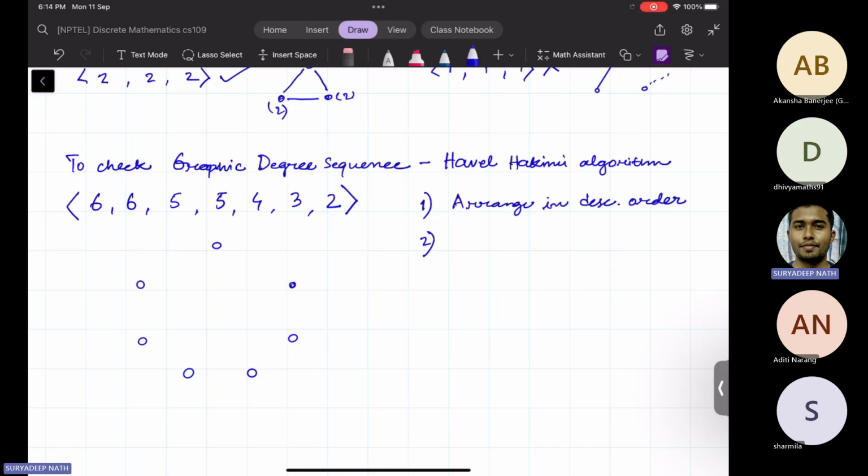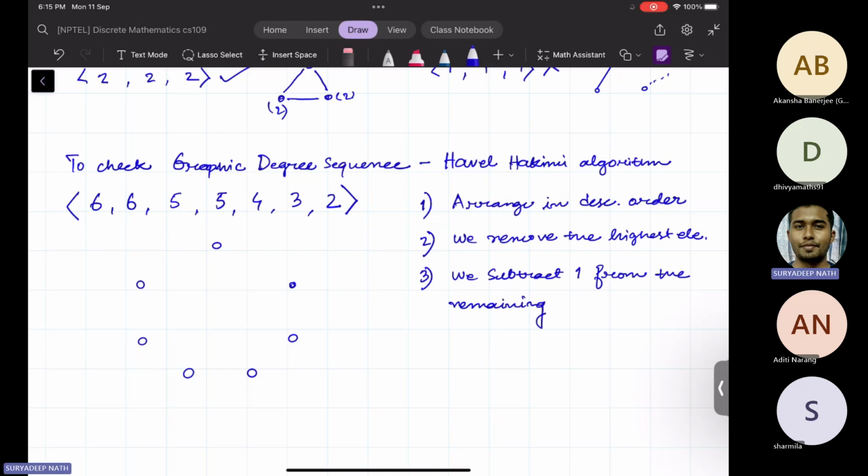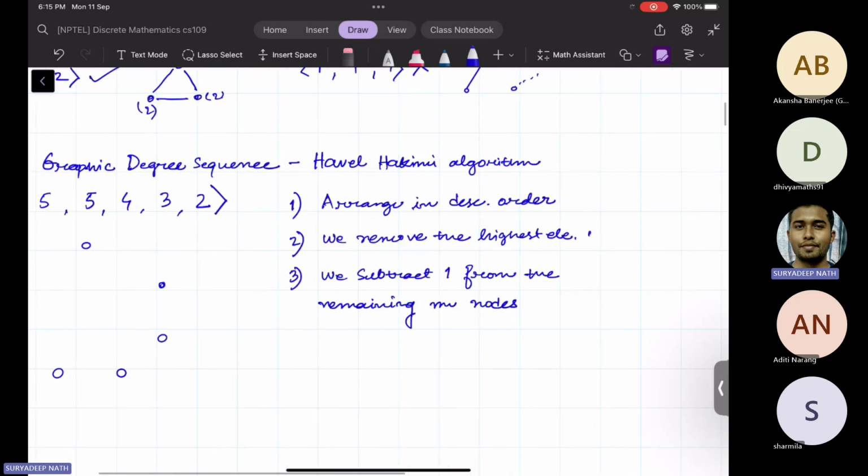Then we take the highest element and remove it; that is, 6 will be removed, and we subtract 1 from the remaining 6 nodes. So we remove the highest element with degree m.